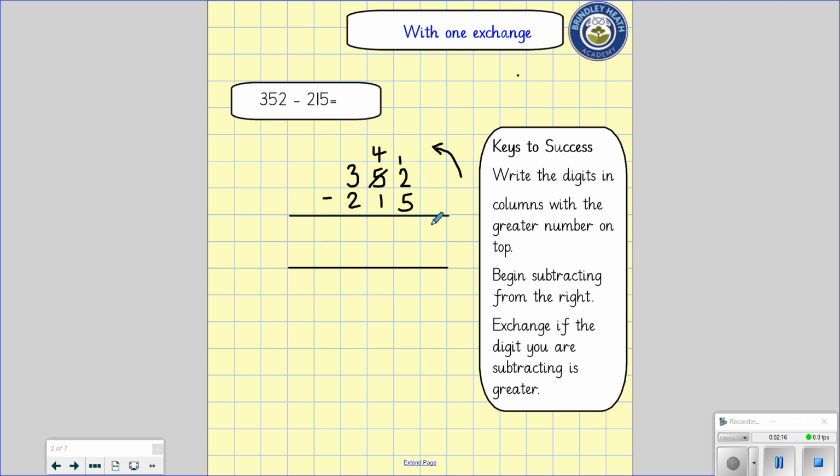So now I've got 12 take away 5, which is 7, 4 take away 1, which is 3, and 3 take away 2, which is 1. So the answer to my calculation is 137.